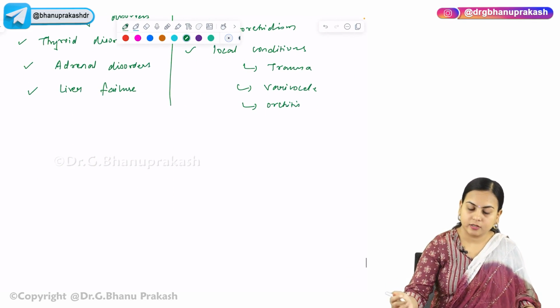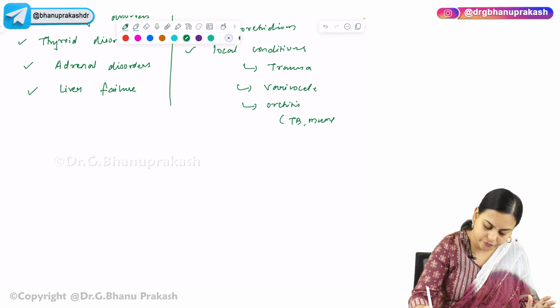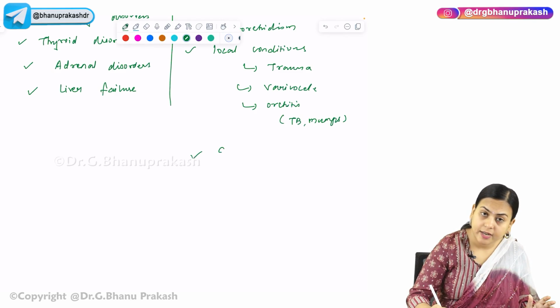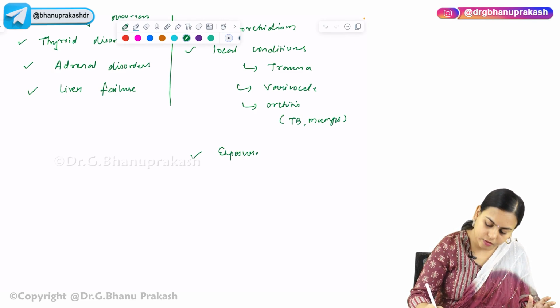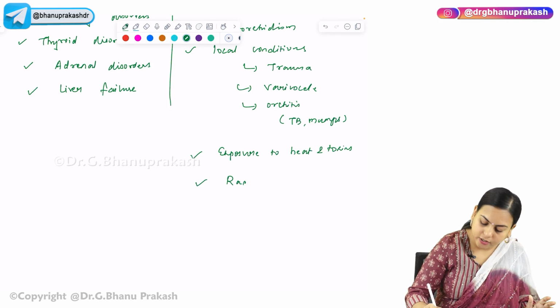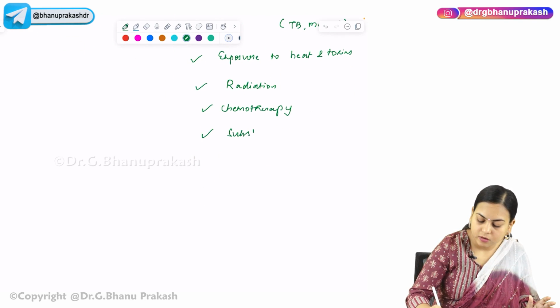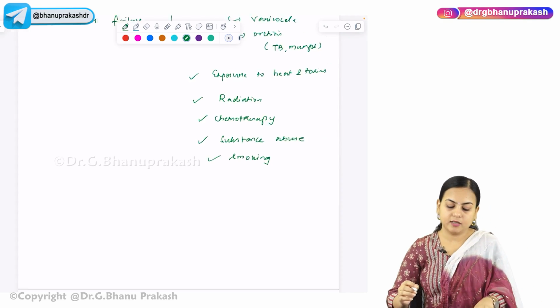Orchitis means inflammation that is happening, and it can occur either due to tuberculosis or mumps. Then even exposure to heat and toxins at the workplace, radiation, chemotherapy, substance abuse and smoking. Okay. So, all these can affect the testis directly.